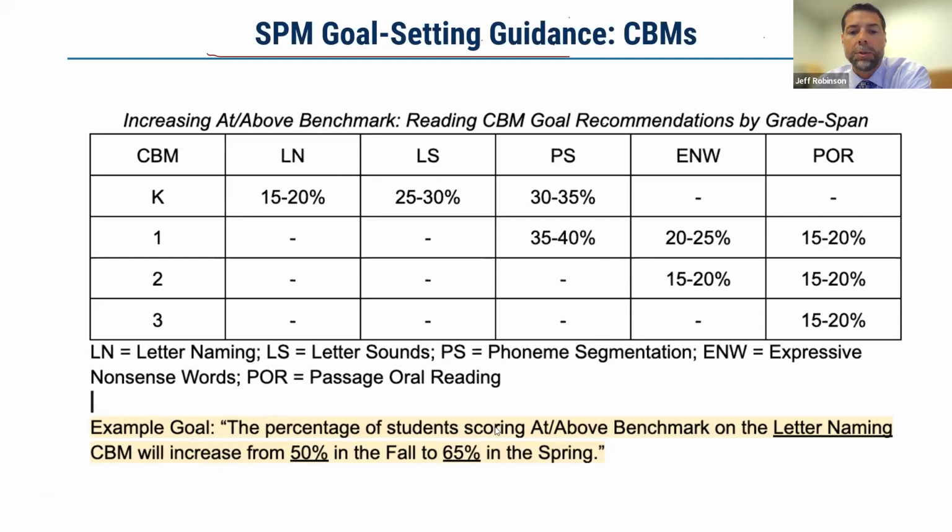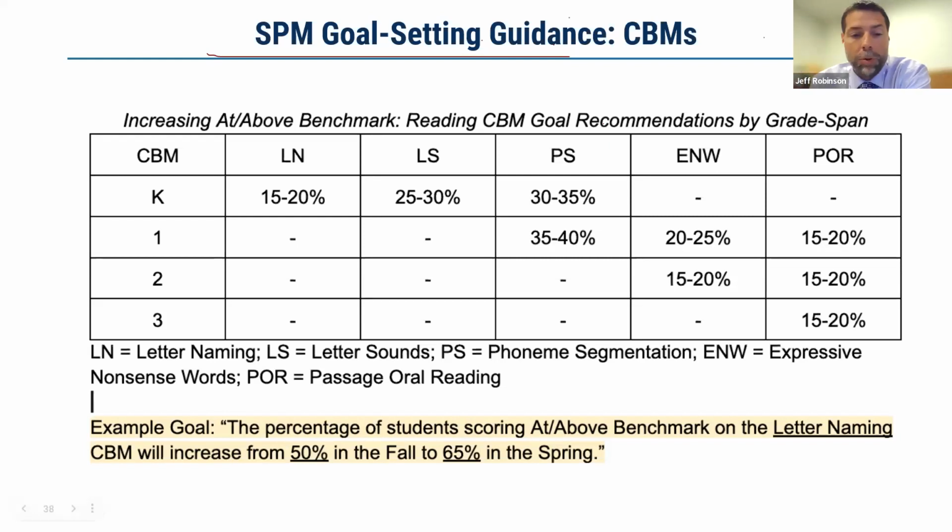So the percentage of students scoring at or above benchmark on the letter naming CBM will increase from 50% in the fall. This 50% would be the actual percentage for the students in the class. We're going to show you where you can find that percentage in the STAR report, but the teachers are going to look at their STAR fall data and the percentage of students who scored at or above.